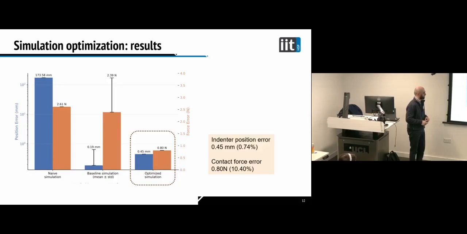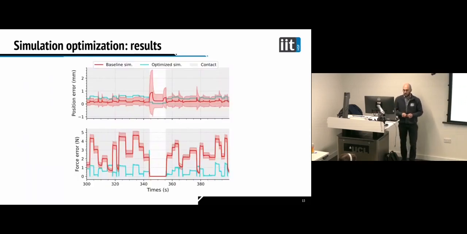As you can see, getting a low error on position is fairly easy by random guessing, but getting a low error on force is more difficult. And then we can evaluate the time series of the optimized simulation and the baselines. It's useful to visualize a contact and non-contact point.